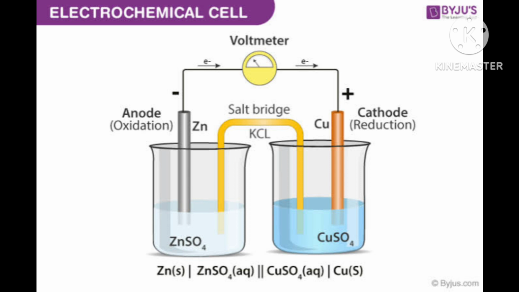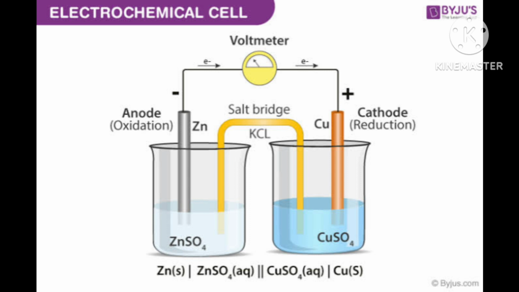Now I told you why anode is negative, why cathode is positive. Okay, electrical double layer also I have told you. Now potential also I told you what it is. The more the tendency of potential, the more the tendency for oxidation. Oxidation means it will produce more electrons. And the process is oxidation.